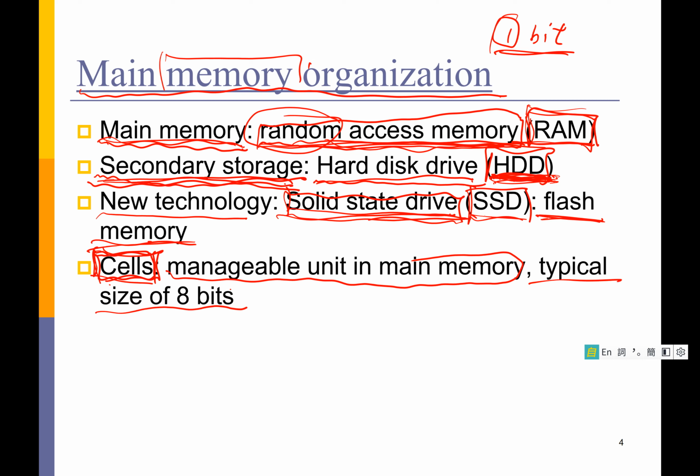Typically, a cell contains 8 bits, which means we write 8 bits as a unit. Each time we write information, we have to write at least 8 bits at a time. Or when we read data from either main memory or secondary storage, we get at least 8 bits at a time. Not 1 bit, which is too inefficient.